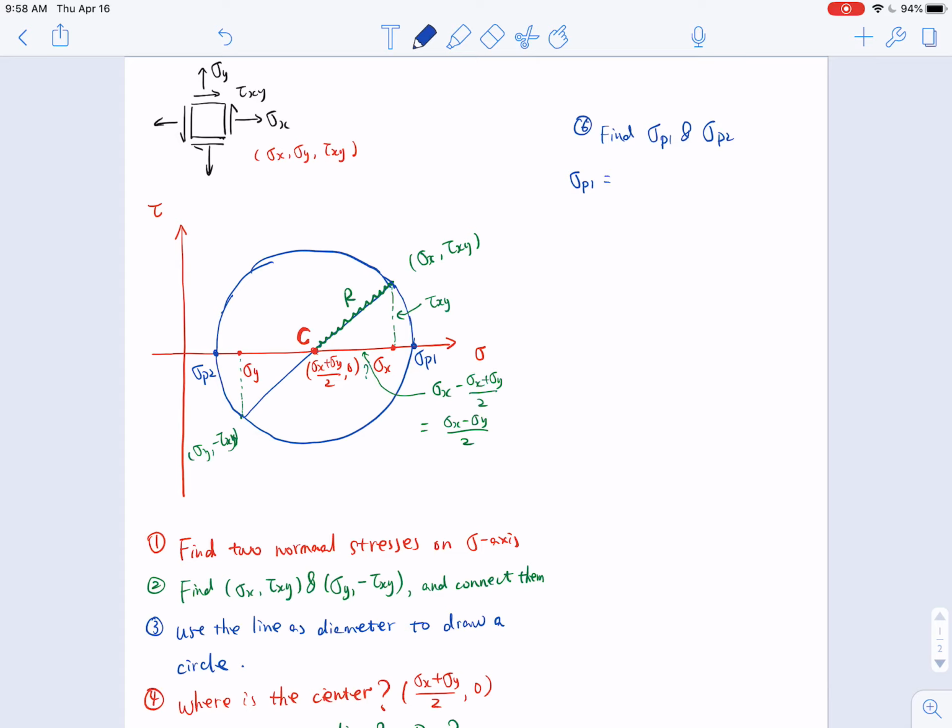That is the x coordinate of point C plus the radius of the circle, so that is sigma x plus sigma y over 2 plus the square root of sigma x minus sigma y over 2 squared plus tau xy squared.